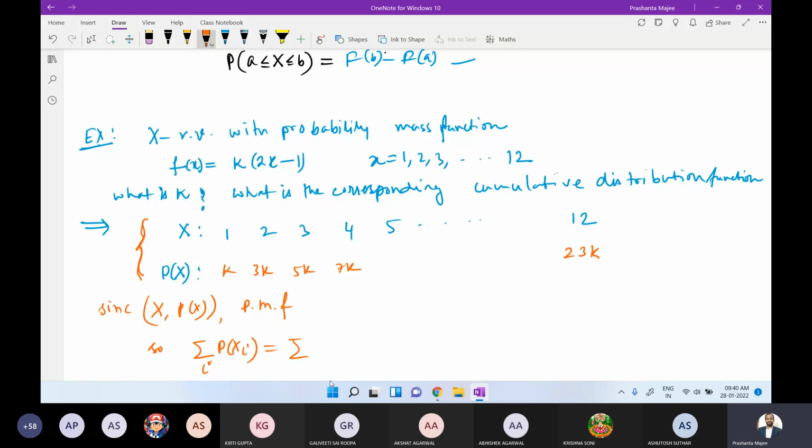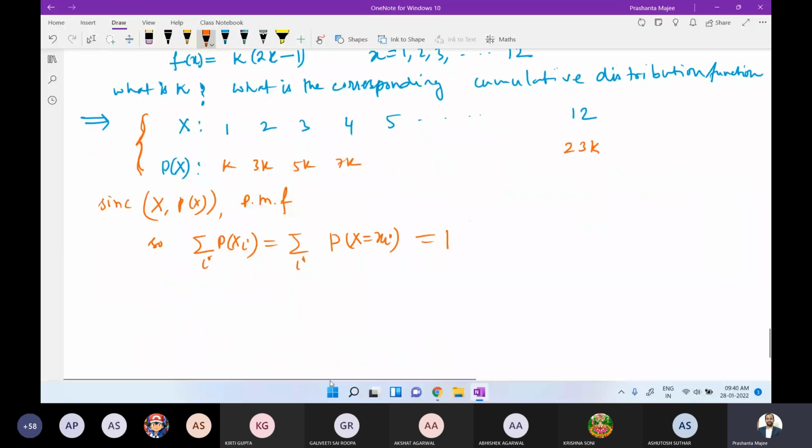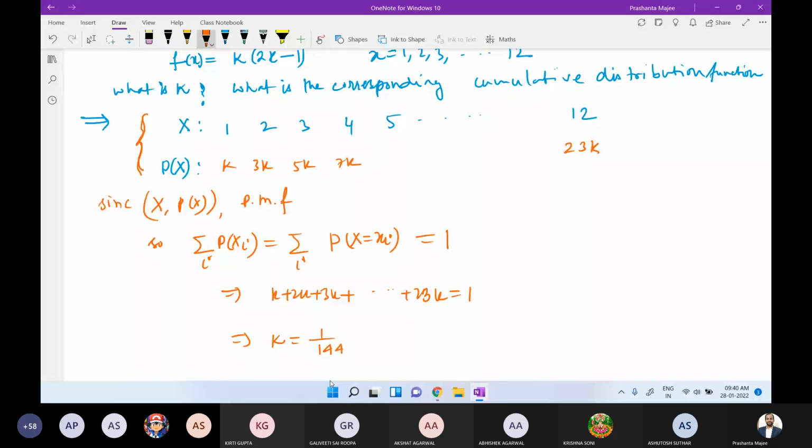This is basically short notation for the probability that the random variable assumes the value xi. So this should be 1. That will tell you k plus 2k plus 3k up to 23k equals 1. You add it, you know the formula, and then you find the value. k will be 1 by 144.